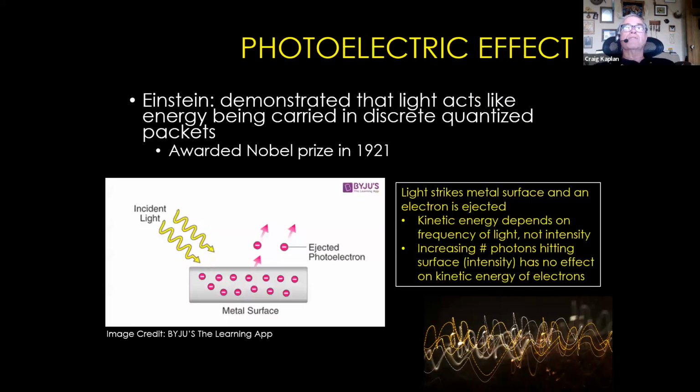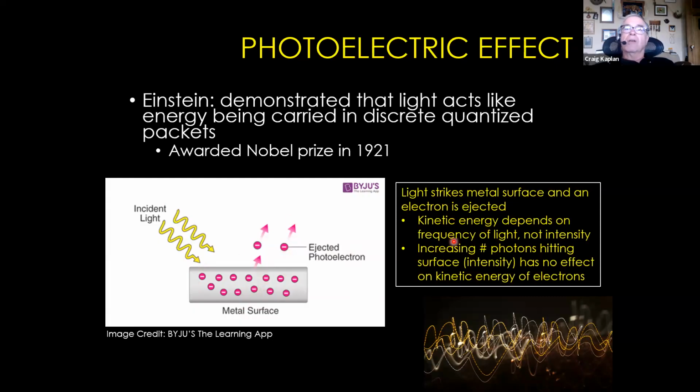So the photoelectric effect was actually demonstrated by Einstein, for which he was awarded the Nobel Prize in 1921. And the photoelectric effect occurs when light strikes a metal surface and an electron is ejected. So here's incident light coming into a metal surface, and here's what they call a photoelectron in this image, but it's an electron that gets ejected out.